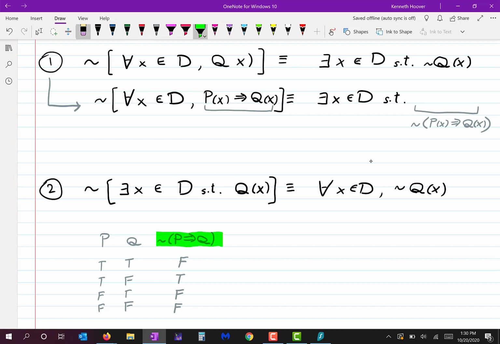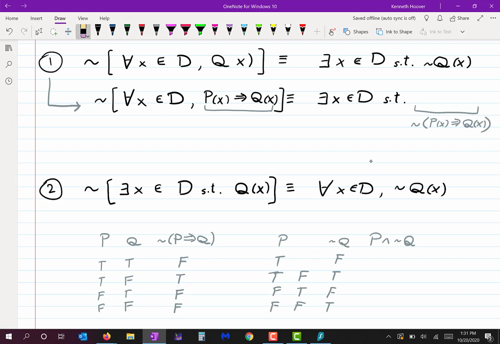Isn't that the same thing as this? Let's write the negation of Q here. That would say false, true, false, true. And let's write the conjunction of P with the negation of Q. So P and not Q.